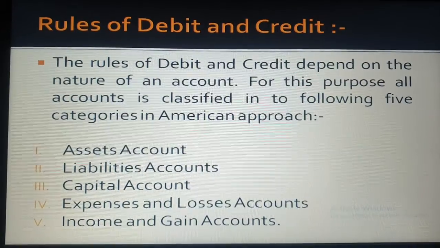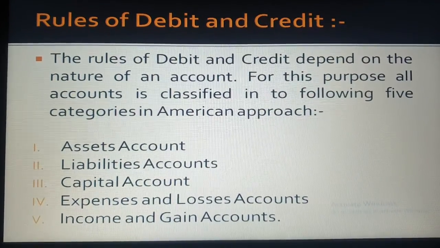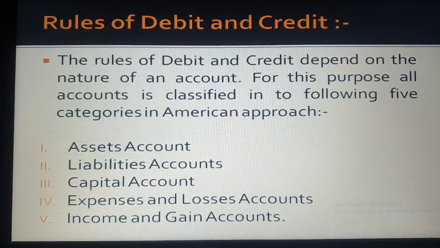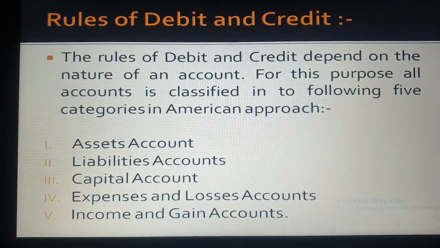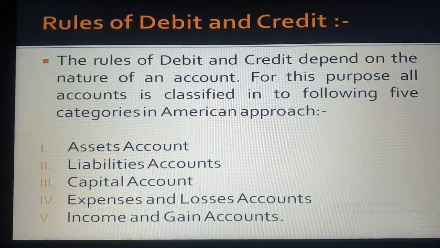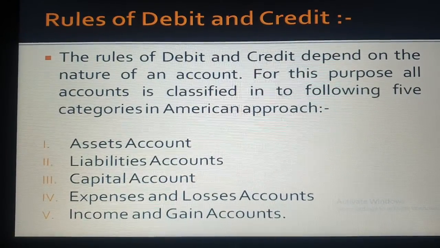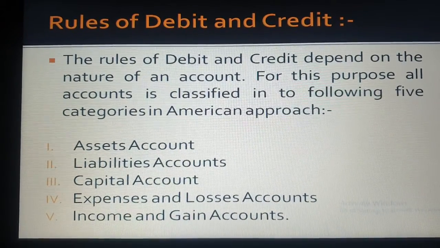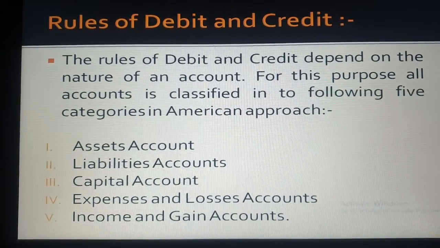Now the rules of debit and credit. The rules of debit and credit depend upon the nature of the account. For this purpose, all accounts are classified into the following 5 categories in the American approach. So what are the 5 categories?